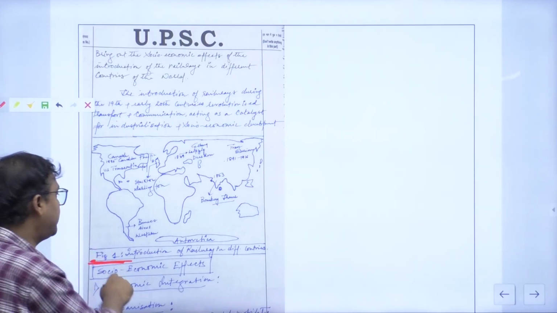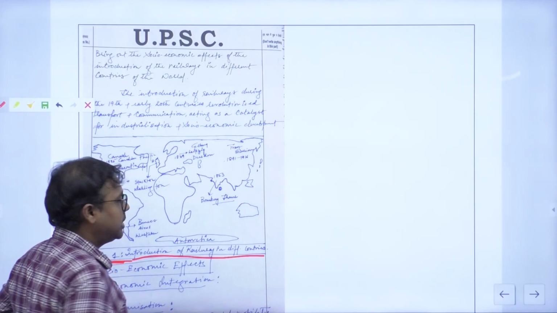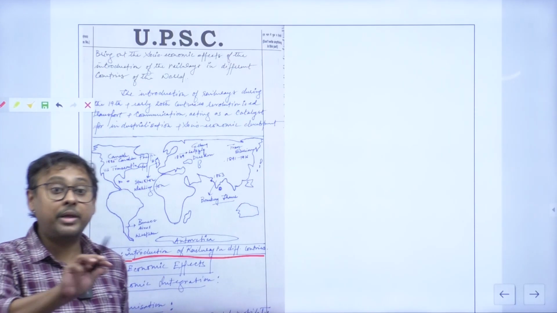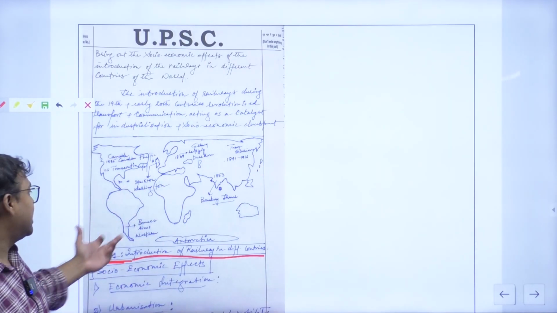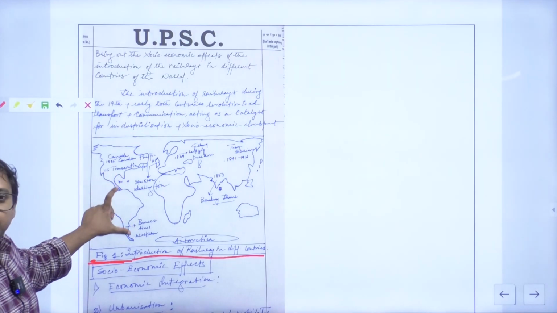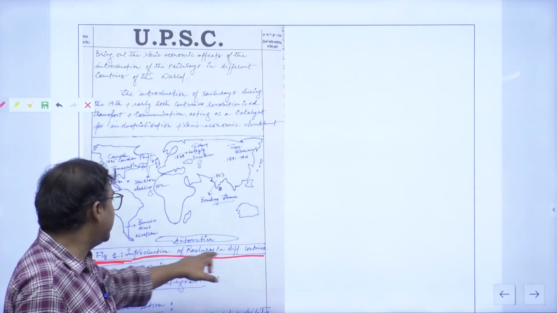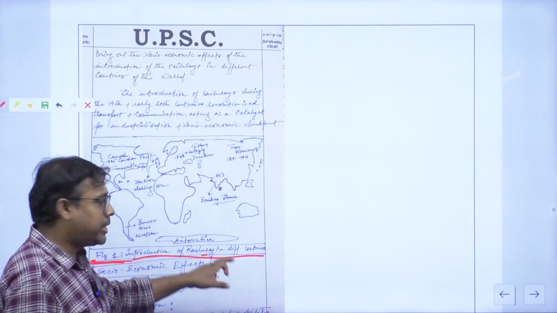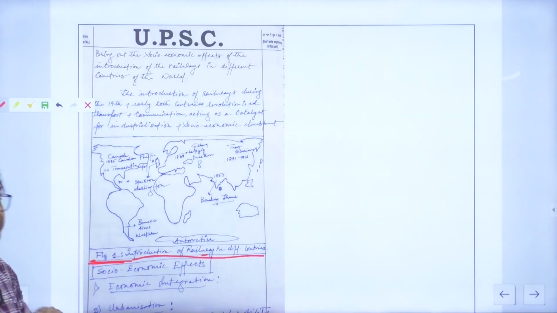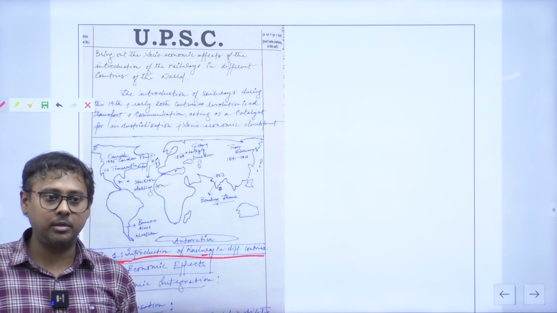So this figure is about introduction of railways in different countries. You will see, it will take only 3 to 4 seconds to write this.